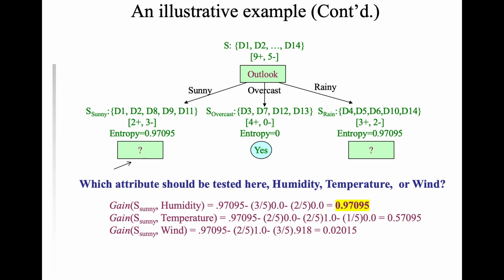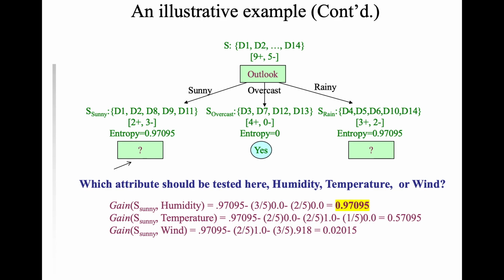Hot, cool, mild. So you have to find the entropy of S sunny when the temperature is hot, then the entropy of S sunny when the temperature is cool, and then the entropy of S sunny when the temperature is mild, right?